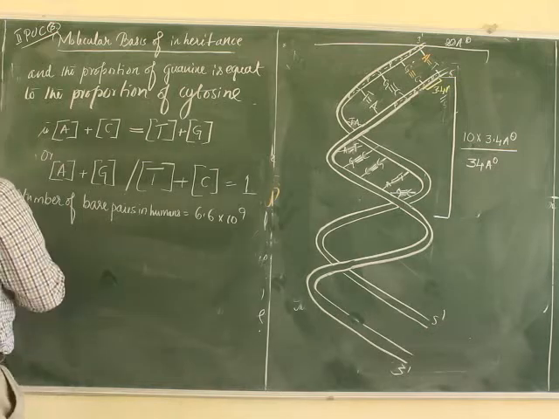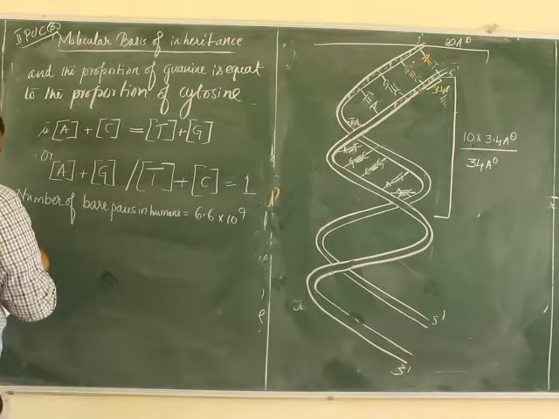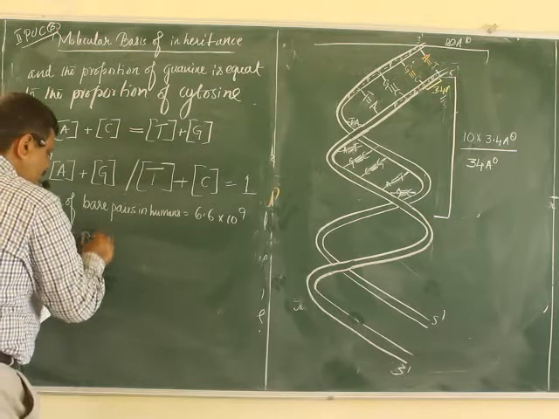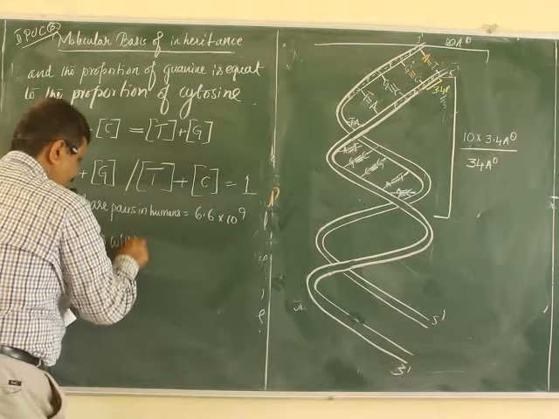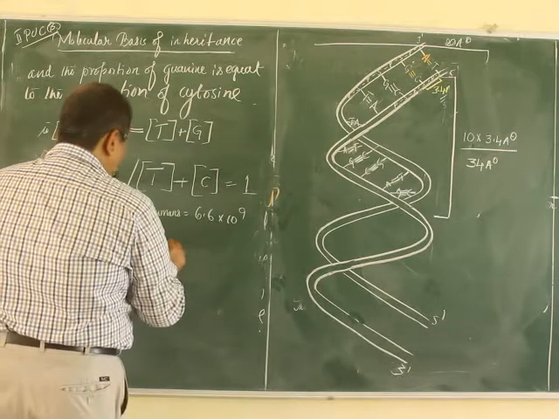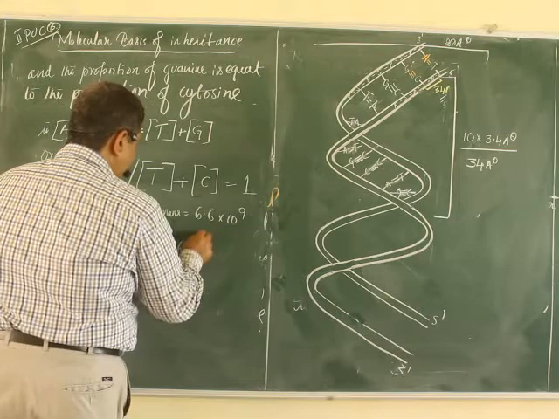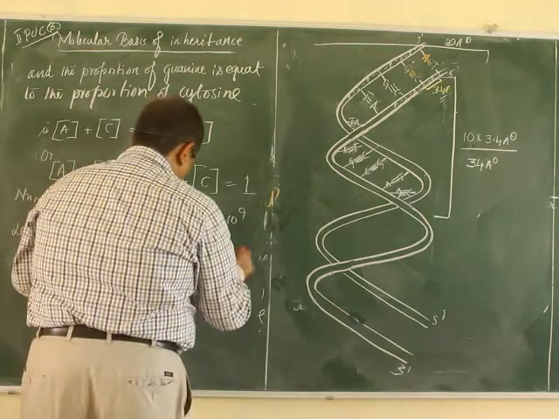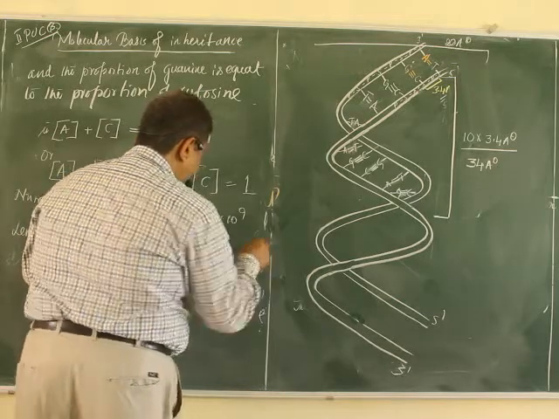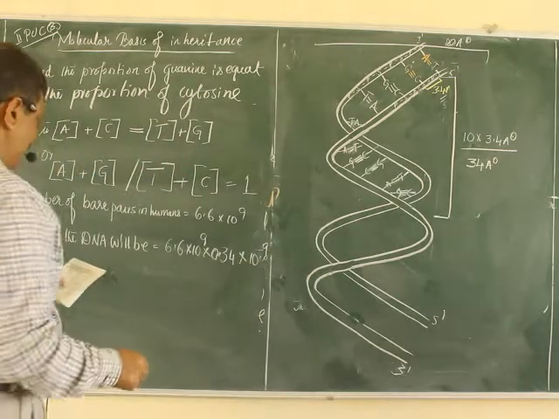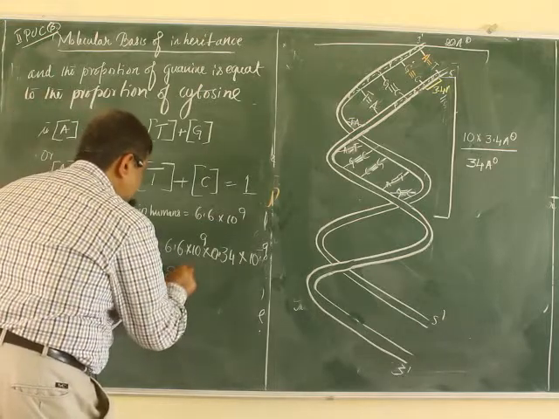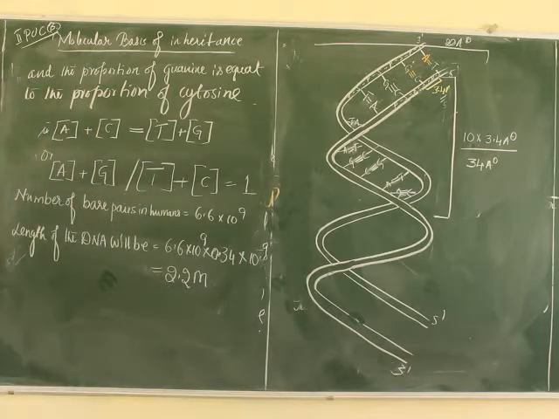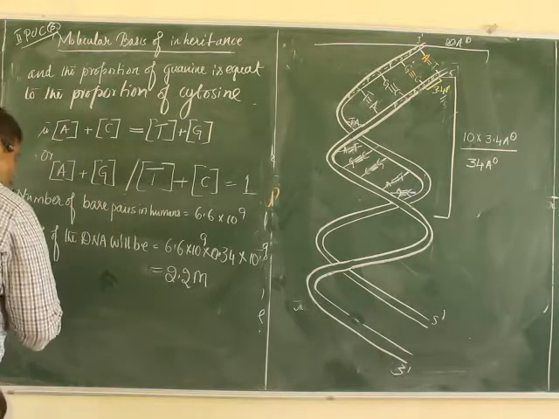Hence the length of the DNA will be 6.6 into 10 to the power 9 into 0.34 into 10 to the power minus 9. That is 2.2 meter. What is the length of the DNA in a human cell? It is 2.2 meter.